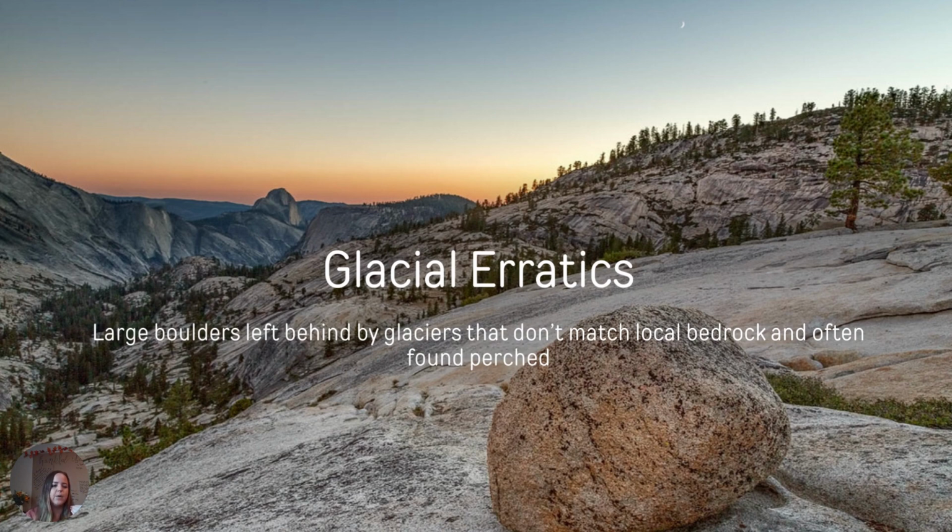This is on Highway 120 as you're going east out of Yosemite National Park. This is a great example. There are lots of glacial erratics in this area. There's a bunch of random boulders perched here that don't have the same rock type as the rocks that exist there. And they are found perched kind of funkily, like, why was that rock there, right? So that's more evidence that there were glaciers in this area.